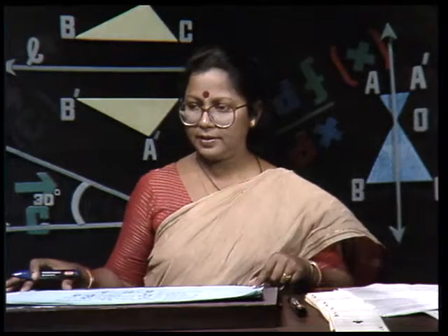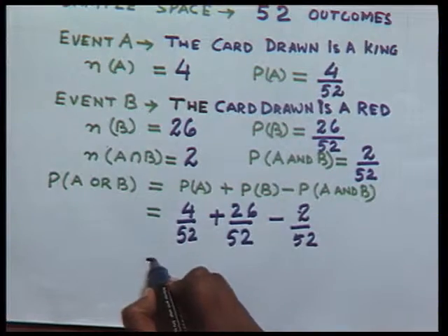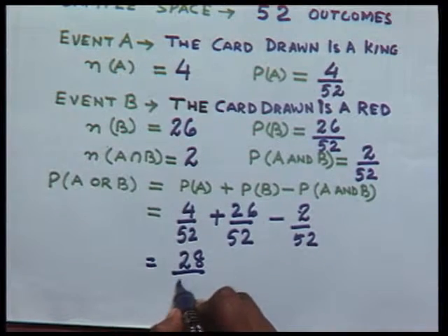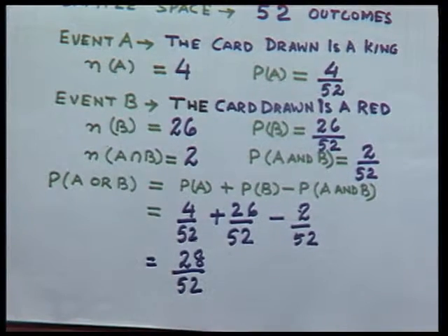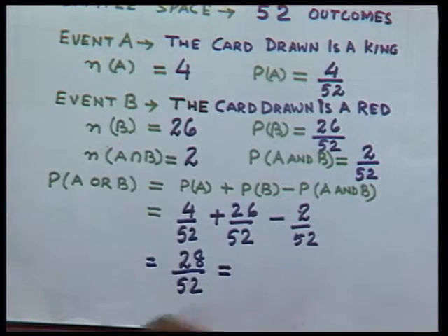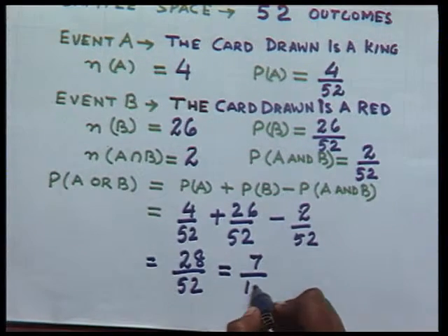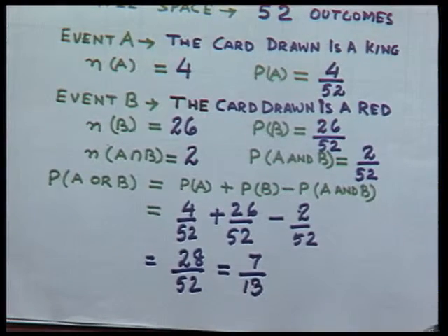So, this is equal to 28 upon 52, which can be further simplified, and we get the probability of the event A or B as 7 upon 13.